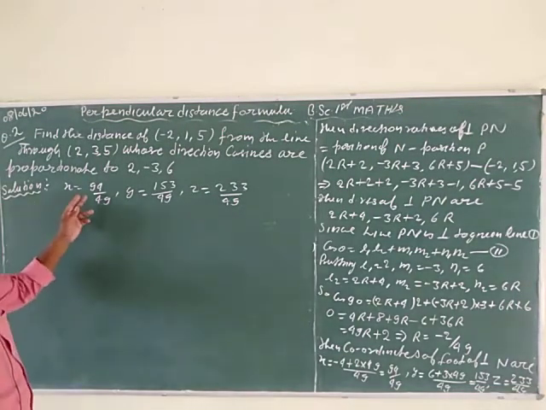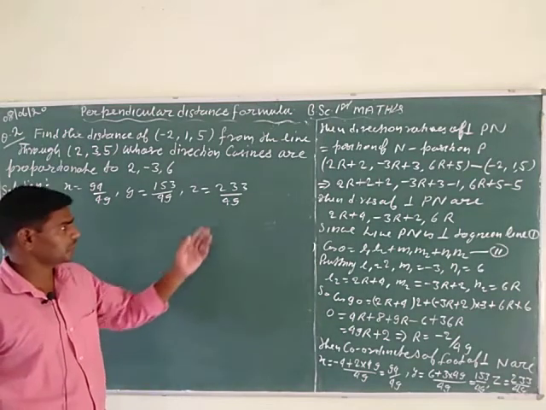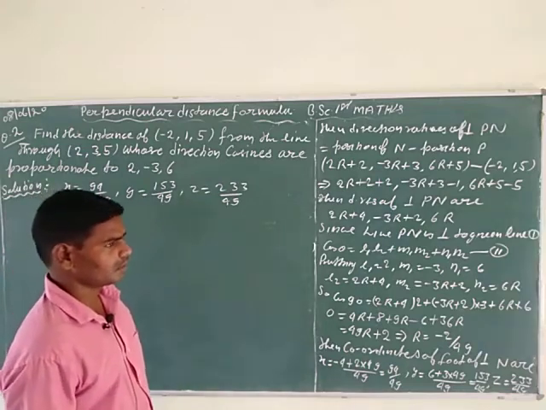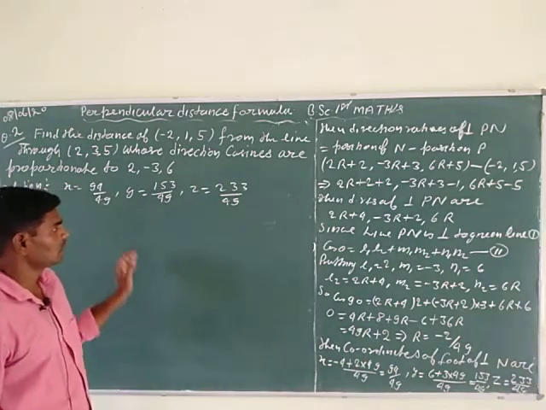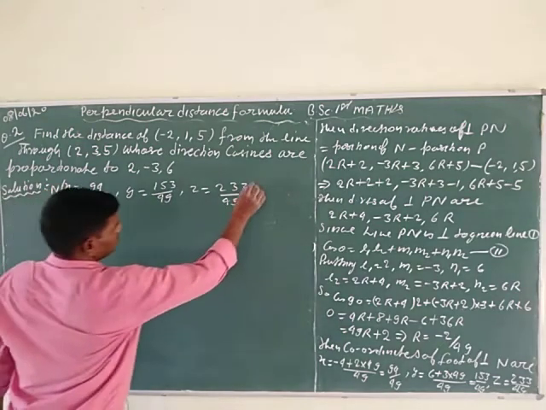Therefore x is equal to 94 by 49, y is equal to 153 by 49, at last z is equal to 233 by 49. These are the coordinates of capital N.